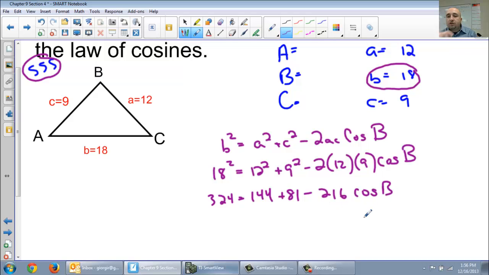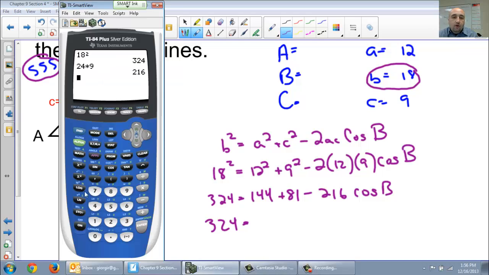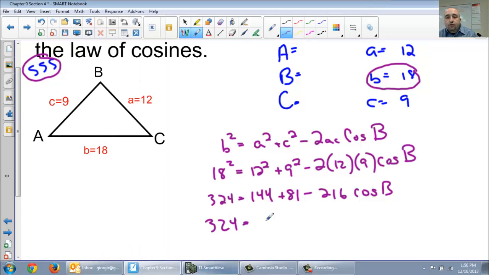This one entails much more algebra than the last one. So let's keep going. 324 equals 144 plus 81. 144 plus 81 equals 225. So 225 minus 216 cosine of B. At this point, you're going to stop.